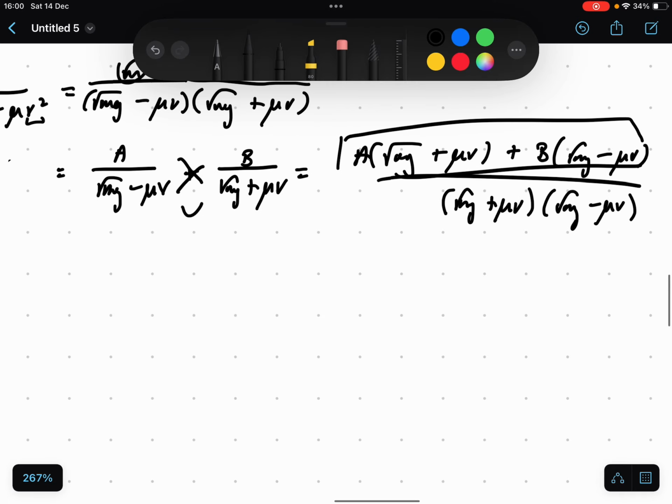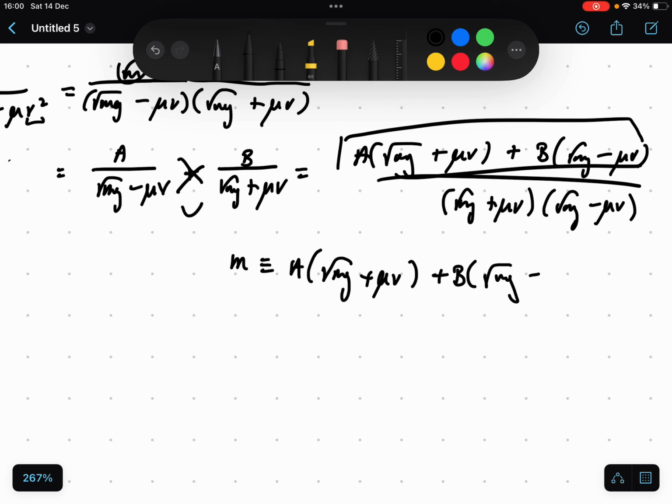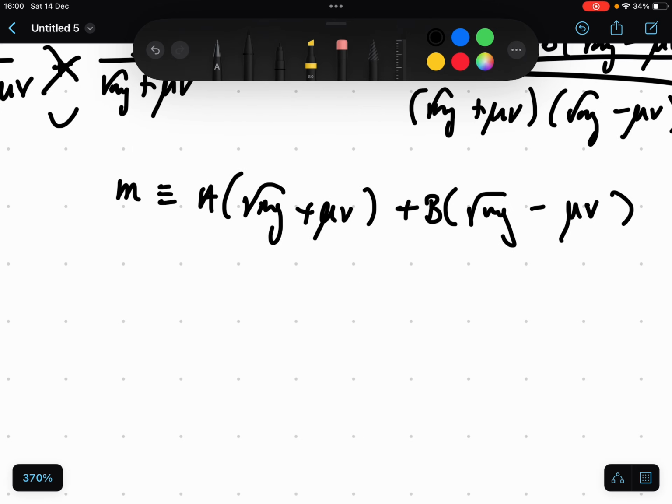So we're just going to say m is identical to, which is technically the correct way to say it, and mathematicians love to be correct, a root mg minus mu v.